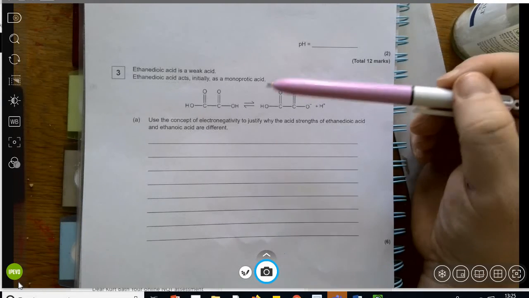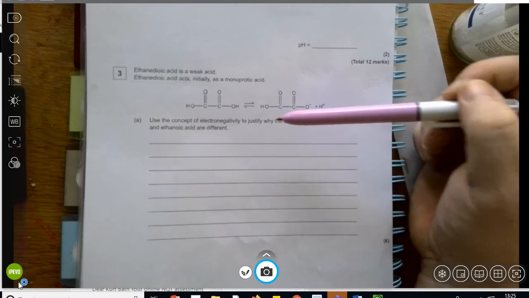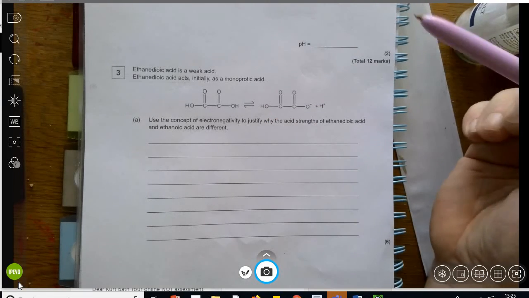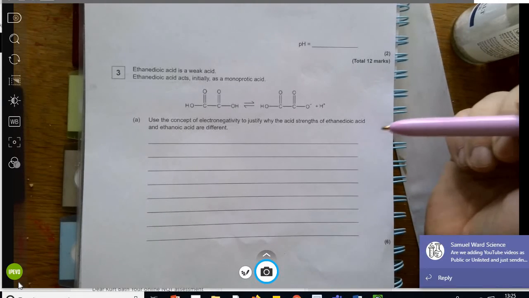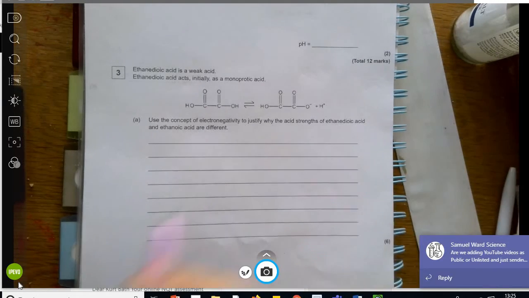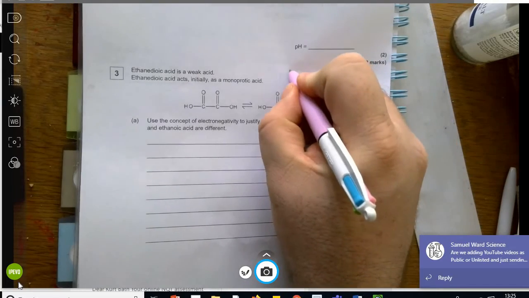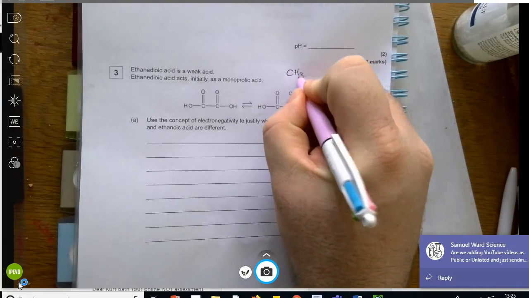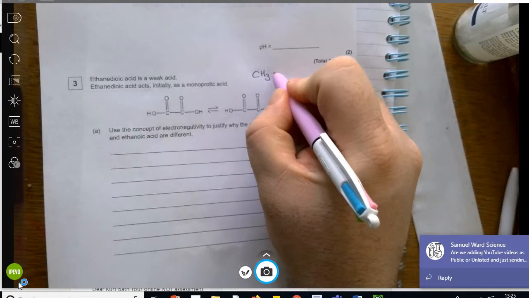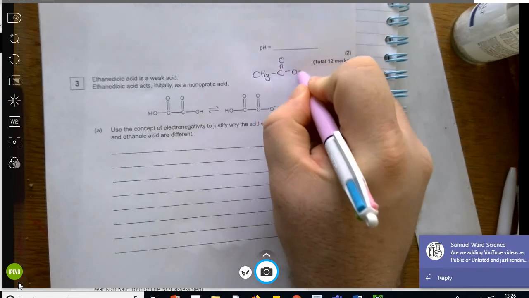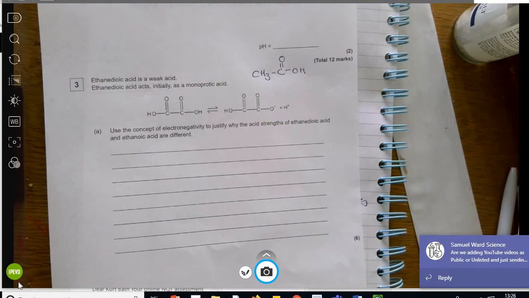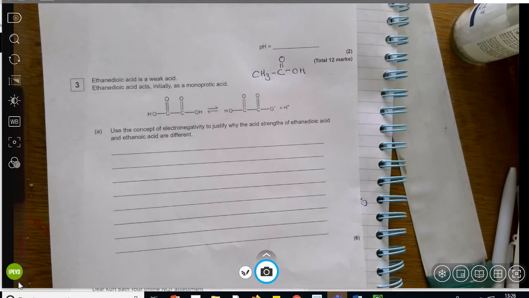Now, it says then use the concept of electronegativity to justify why the acid strengths of the ethanedioic acid and ethanoic acid are different. If we're even going to go and do any comparison, what we've got to include is the concept or the idea of what is an acid.